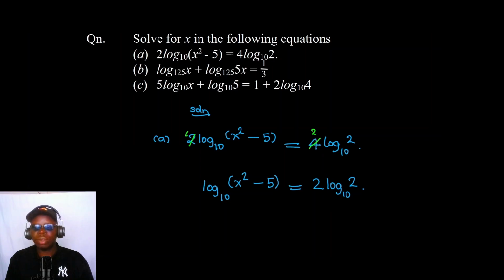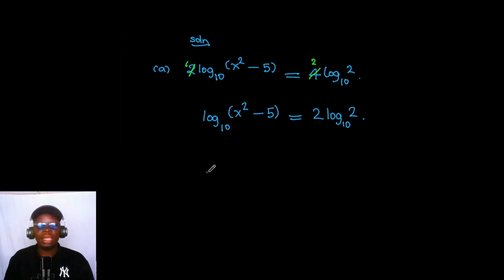The left hand side we're okay. We just write logarithm to the base 10 of x square minus 5. And this is equivalent to a logarithm to the base of 10 of 2 with exponent 2.